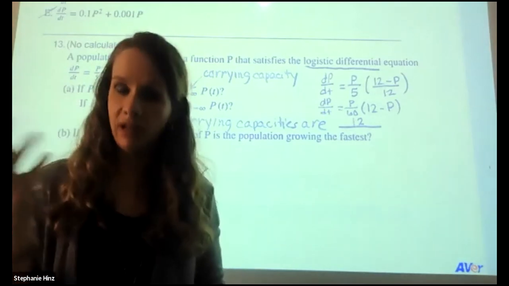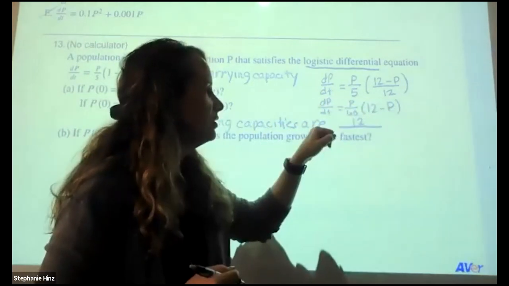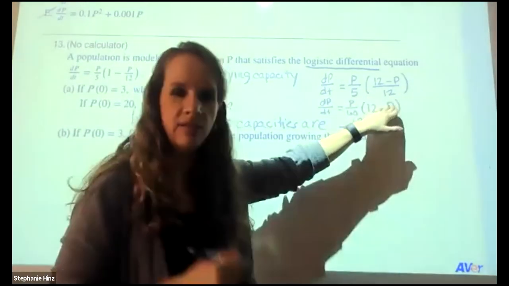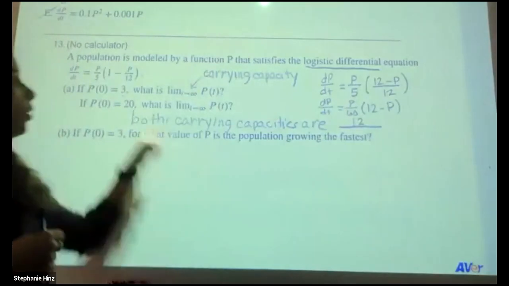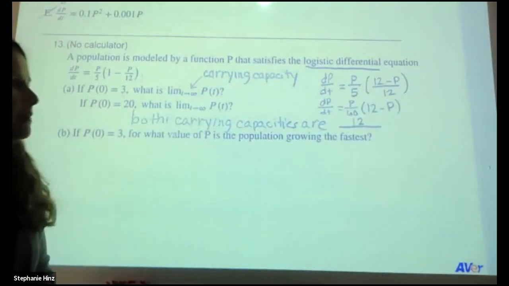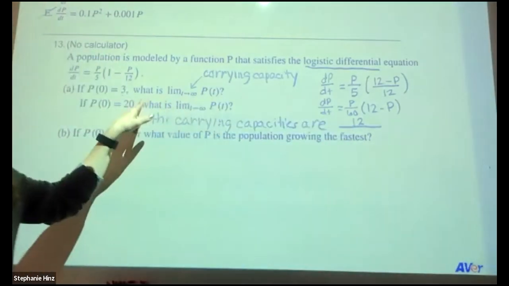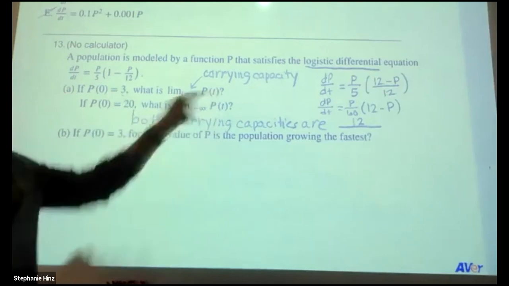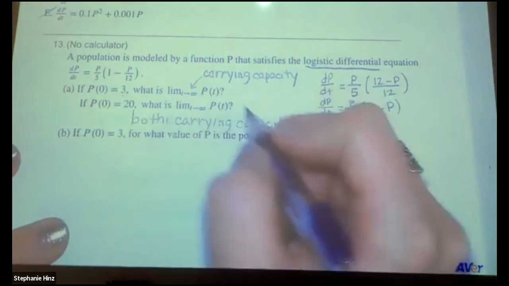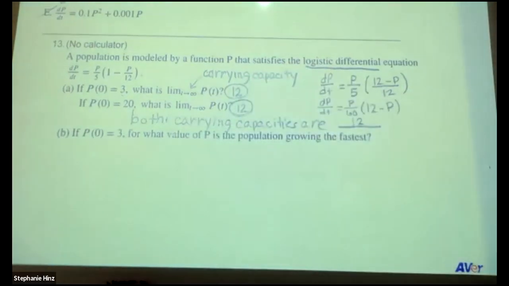And my brain connects with, I'm looking for it 1, 2, 3 times, no fractions in this. That's the way my brain works. If you want to remember it this way, fantastic. It's correct. So both of our carrying capacities are 12 in this situation. I would have answered this one is 12. This one is 12, just to make sure that my reader knows, hey, the answer is 12.